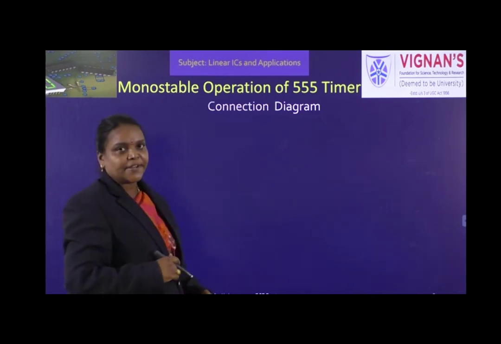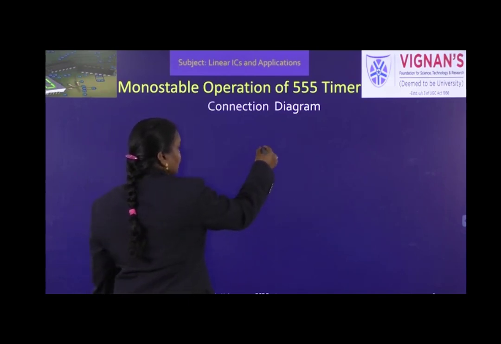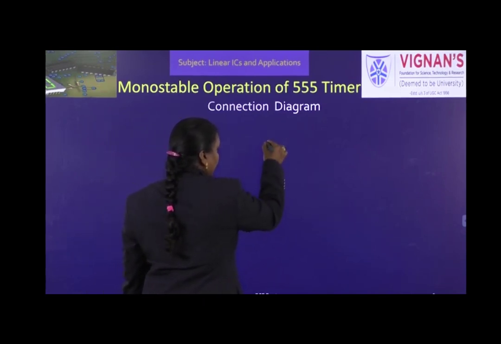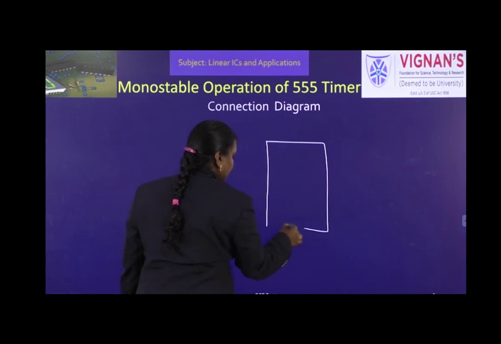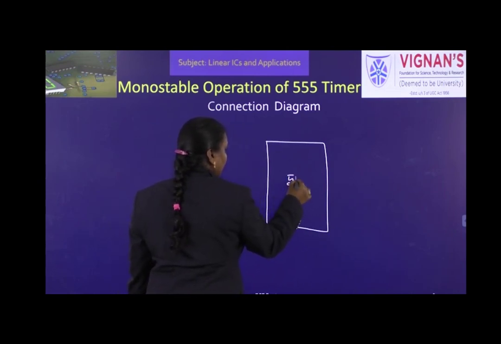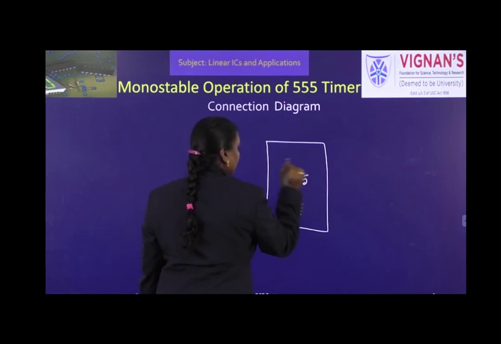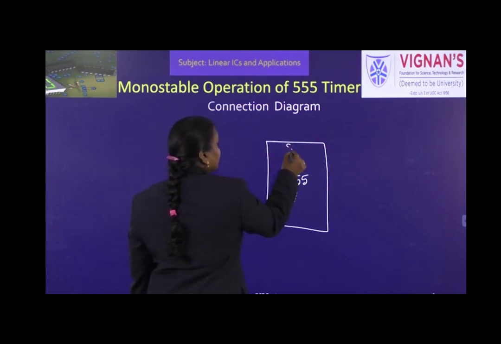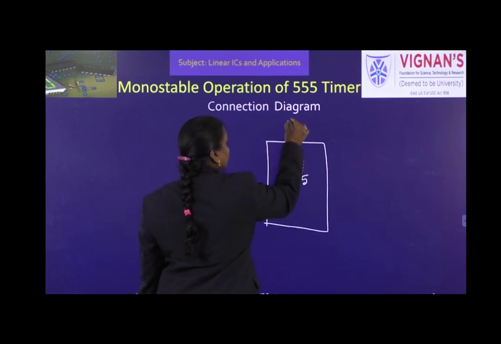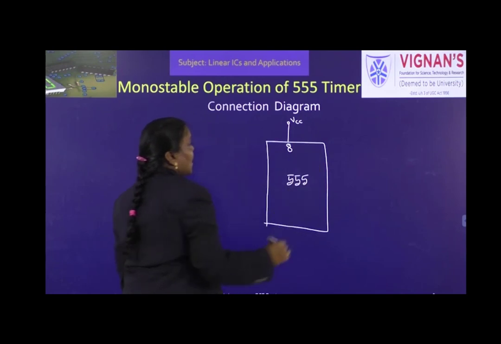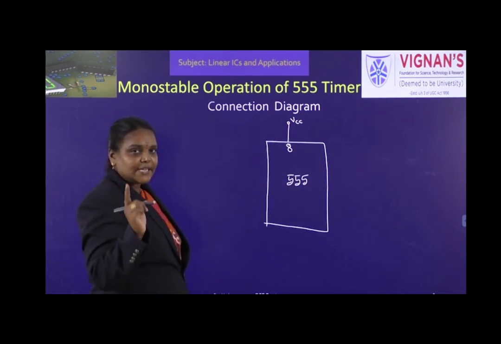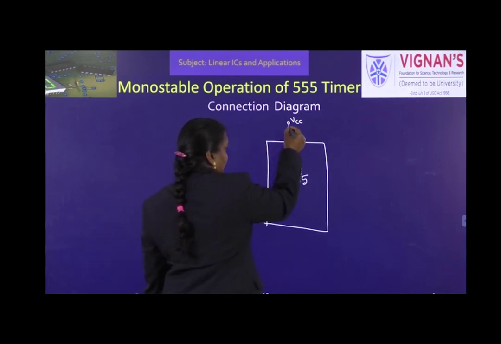Now let us see the connection diagram. So it will be an 8-pin IC. So this is 555 timer. And 8th pin is supply, so here VCC. And when we are not using the reset pin, it should be given to supply.